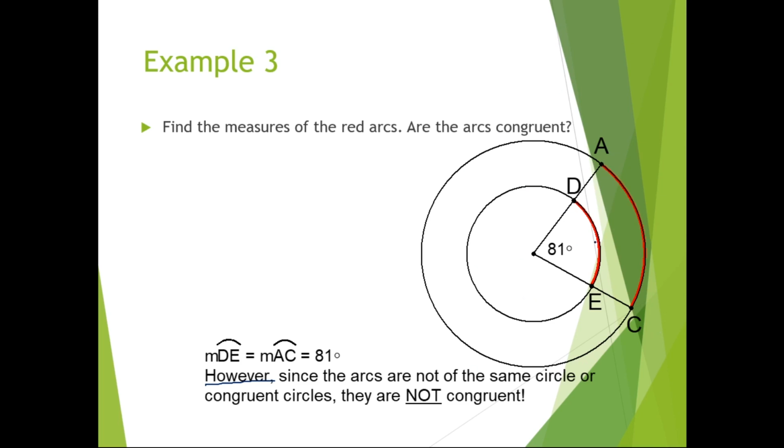Dili siya congruent dahil, as you can see, mas dako ang arc DE kaysa sa arc AC. But still, they have the same measurement, which is 81 degrees, because of their central angles. Parehas man sila central angles. So that explains example number 3.